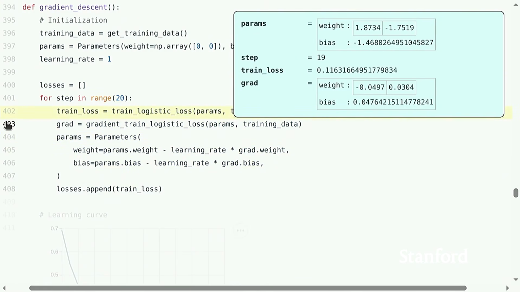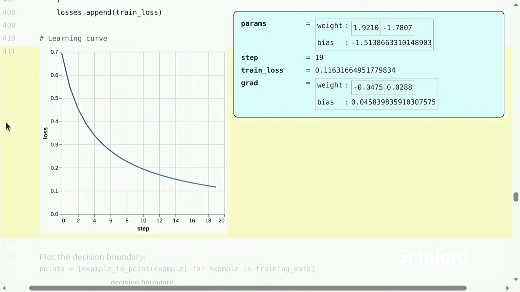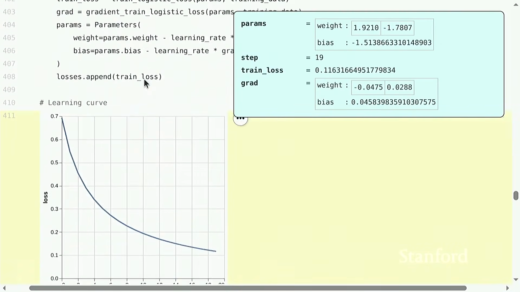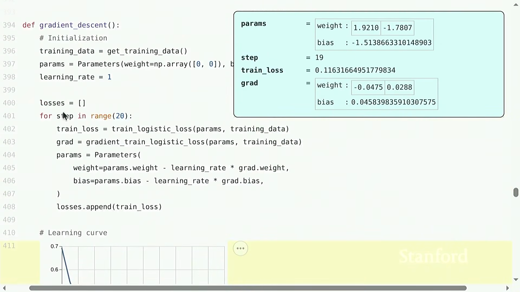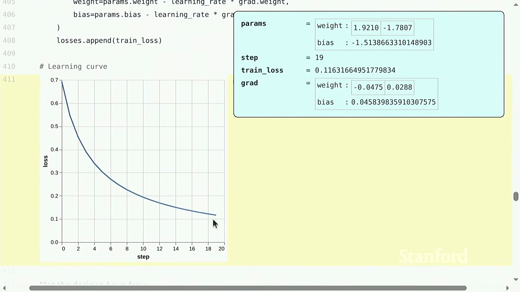And this time I've plotted the learning curve, which is basically the losses that I've accumulated as a function of step. And you see that the loss is going down. If I let this run for longer, it'll go down even more. Okay, so optimization seems to be working.